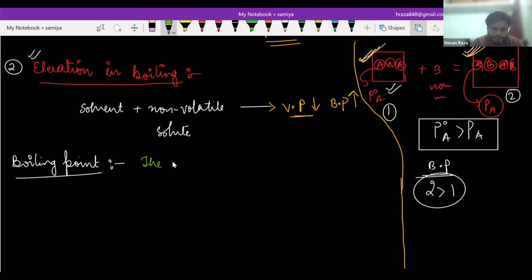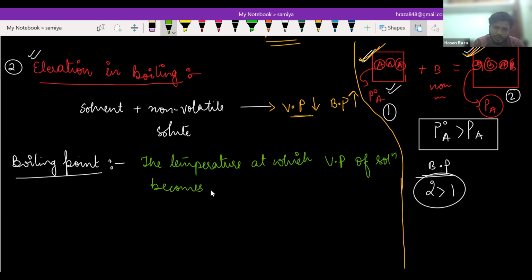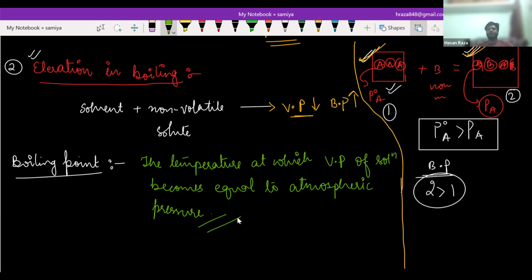If atmospheric pressure is equal to vapor pressure, that temperature is called boiling point. So I'm going to write: the temperature at which the vapor pressure of solution becomes equal to atmospheric pressure is called boiling point. Please write it, and then I'm going to draw a graph for solvent as well as solution, and then we are going to derive a formula and do questions on this.